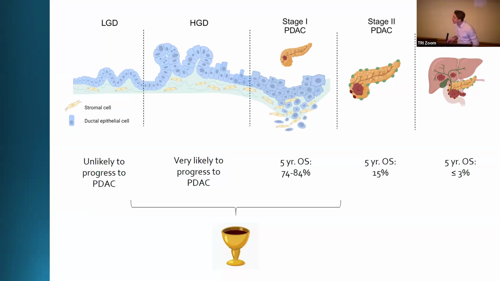So if we're going to make really any difference when it comes to early detection for this disease, then we need to target this golden, apparently very brief window between high-grade dysplasia and stage 1 pancreatic cancer. Because we know that at this stage, progression to incurable disease is inevitable. But if we can remove it at this stage, then it is a curable disease.